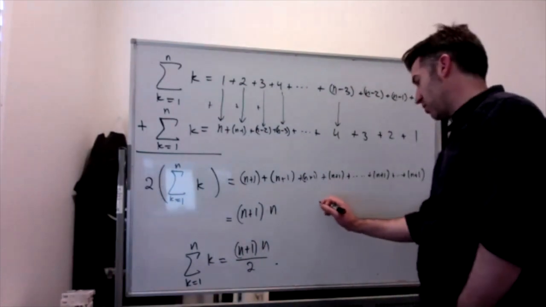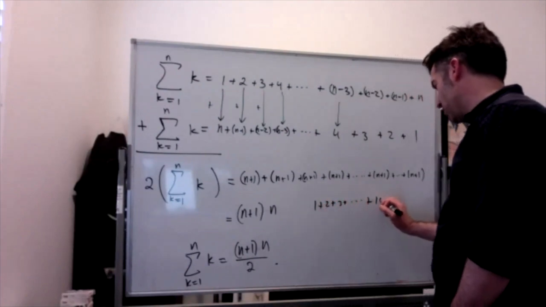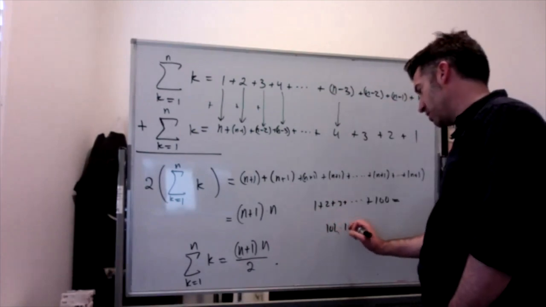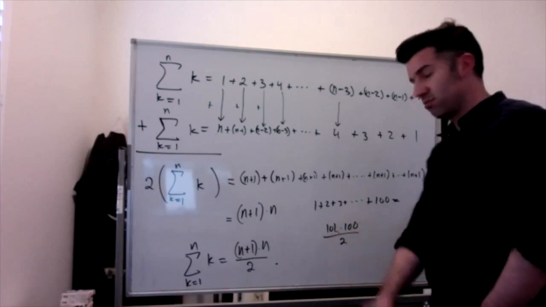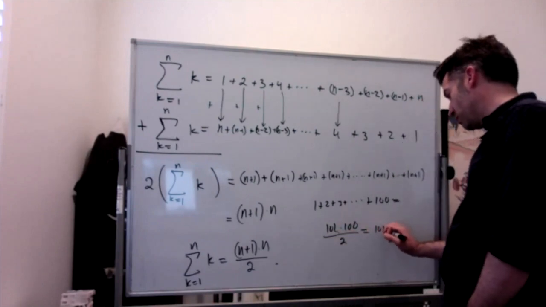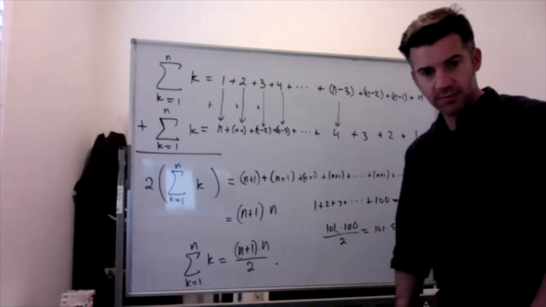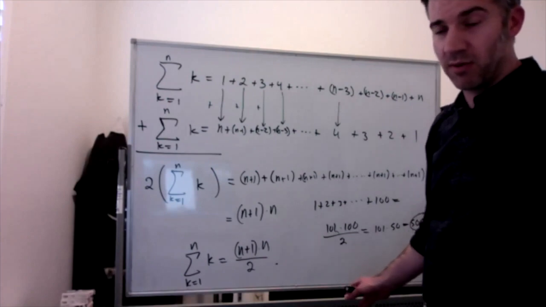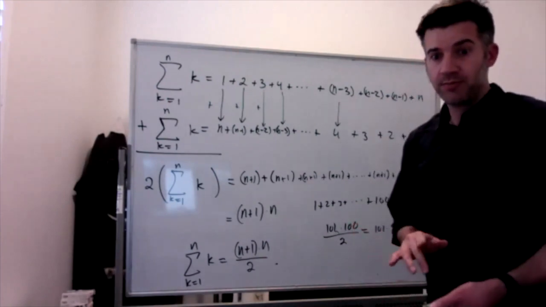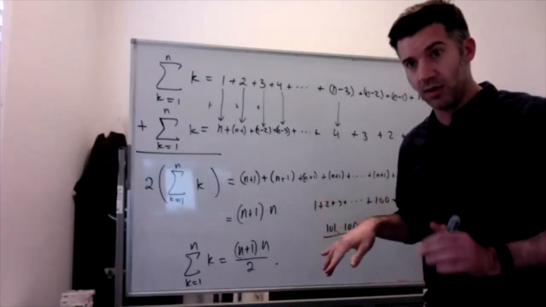So if I wanted to say, what's 1 plus 2 plus 3 plus all the way to 100, I could say it's 101 times 100 divided by 2, which is 101 times 50, which is 5,050. Not that we really need to do it for a specific number, but one could. This formula is something we're going to use next week for sure.